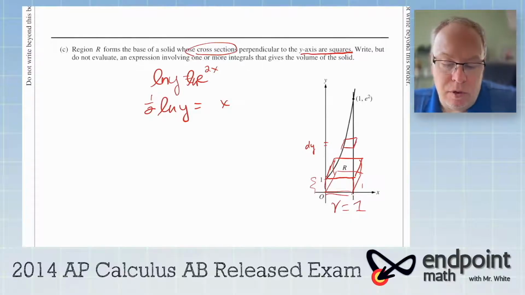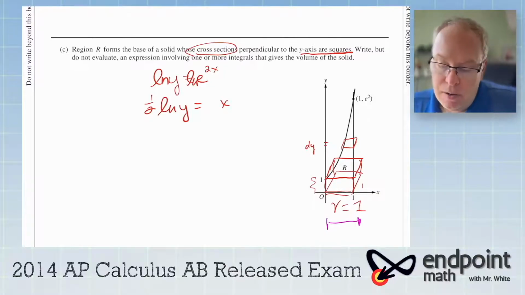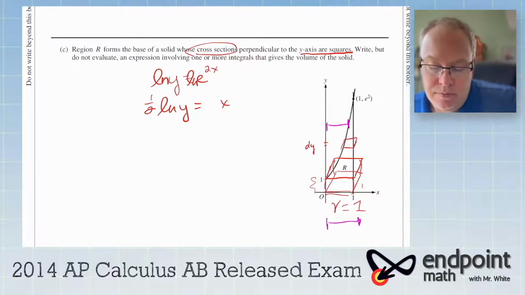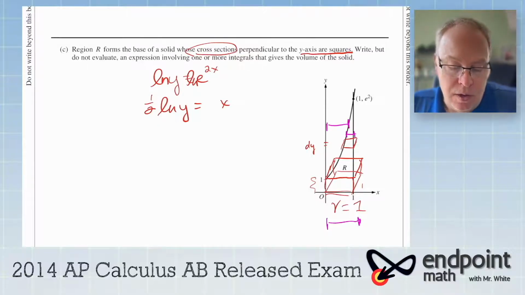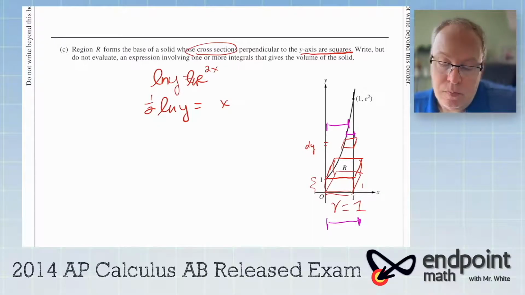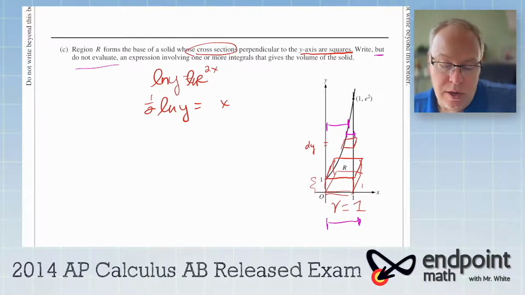That means we now know, let me change colors here, it might help you out. We know the distance from here to here at any given moment, right? But in order to get the distance from here to here, we would have to subtract 1 minus. So, by the way, in the problem, I didn't read it, it says, but do not evaluate. So that's kind of nice. So we can go ahead and set up our integral.